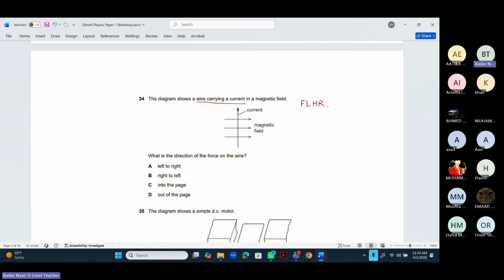So Fleming's left hand rule को अगर आप यूज करते हो तो magnetic field is from left to right, current is in the upward direction, so the force is going to be into the page. ठीक है?